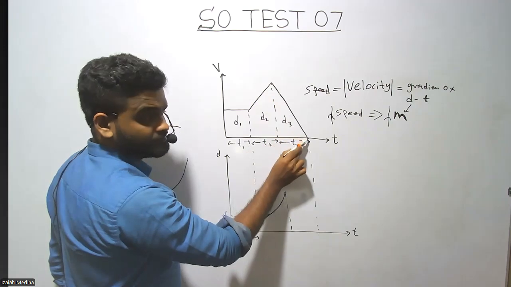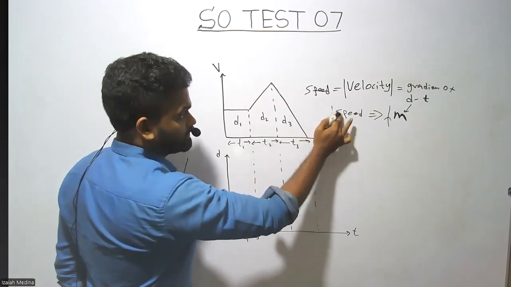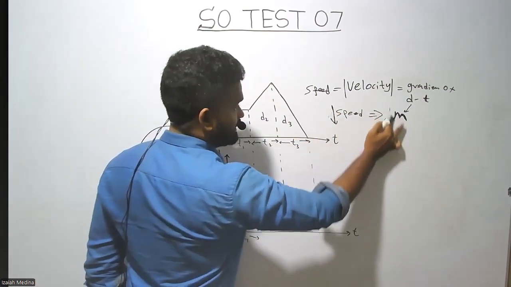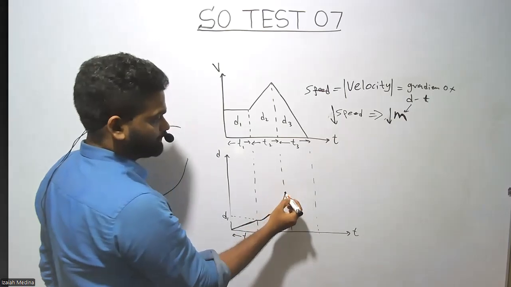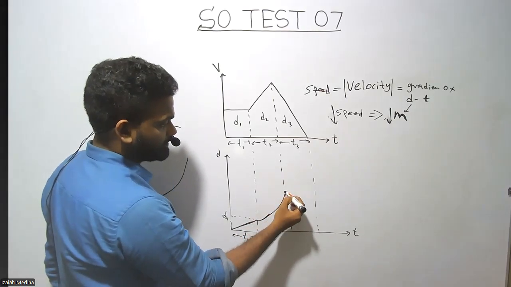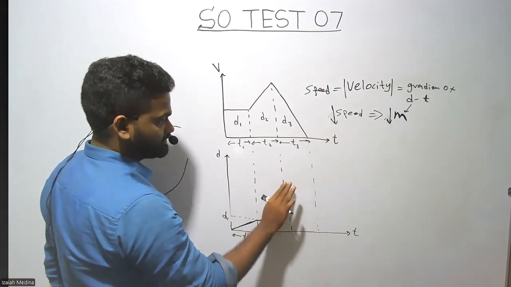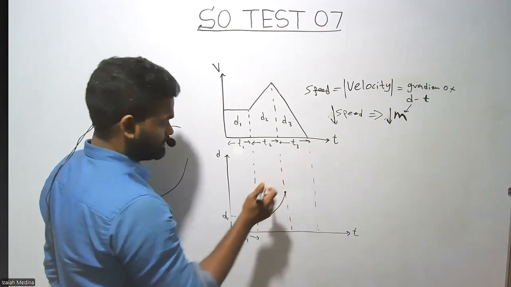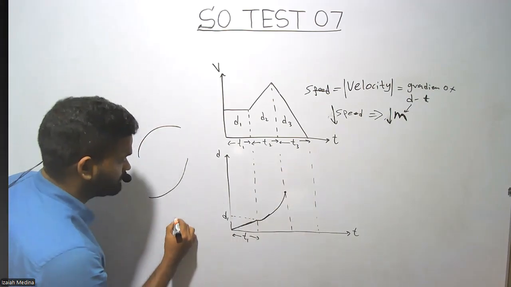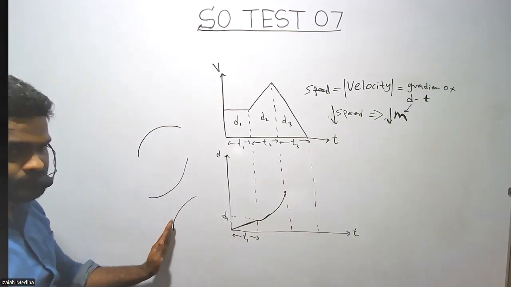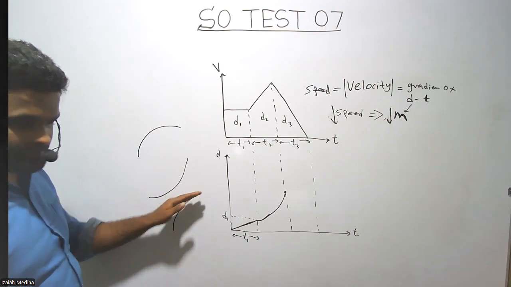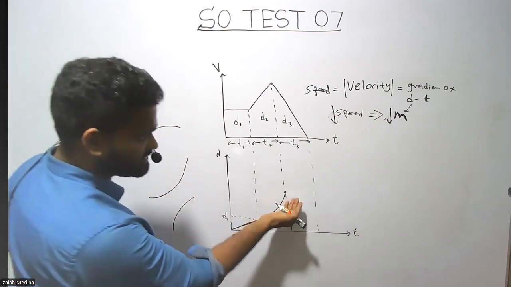Speed is decreasing, so the gradient should be decreasing. Gradient is decreasing, right? Like this. See this? Think about the slope. Slope is decreasing. It doesn't come back, right?